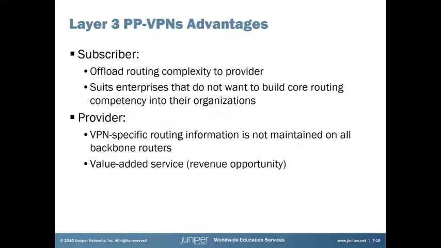Okay, so what are the advantages of these layer 3 VPNs? For the subscriber, it's really the ability to outsource and offload the routing function to a specialist. And there are organisations that find that very appealing. In our region right here, our local council does that. I remember there was a time where they employed lots and lots of people to take care of that function, and they decided this is way too expensive.